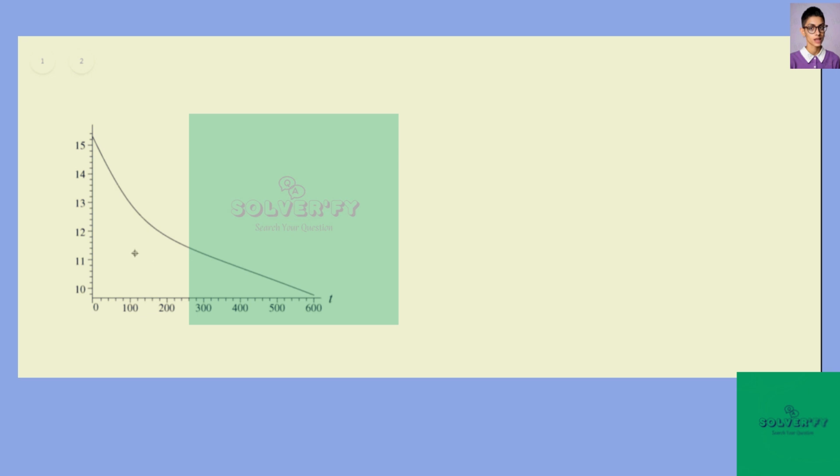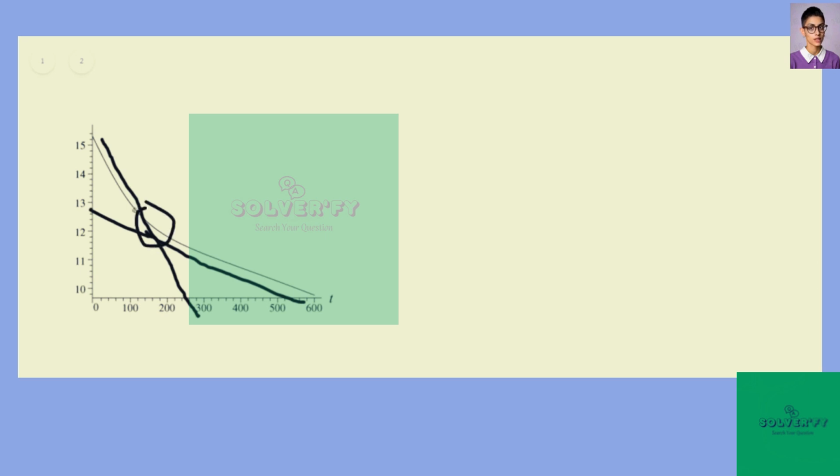And so we see from looking at this that we have this initial slope and this final slope with some curvy stuff in the middle that we don't want to think about.